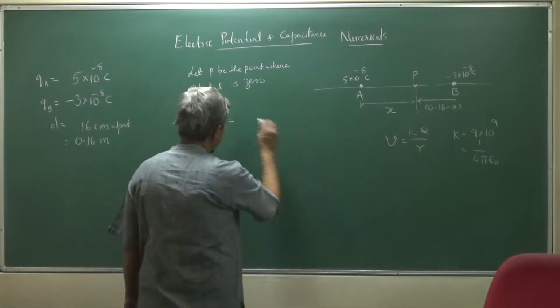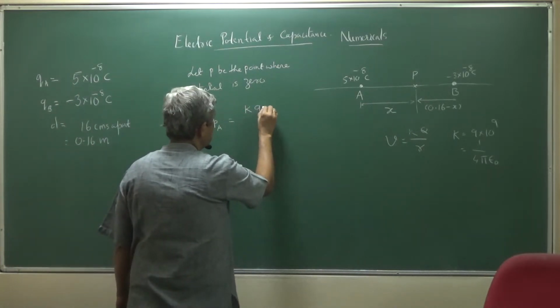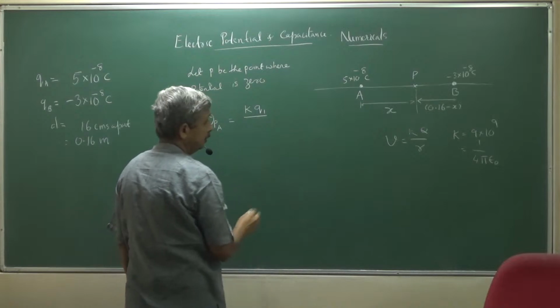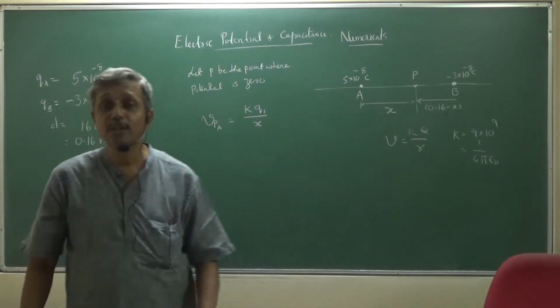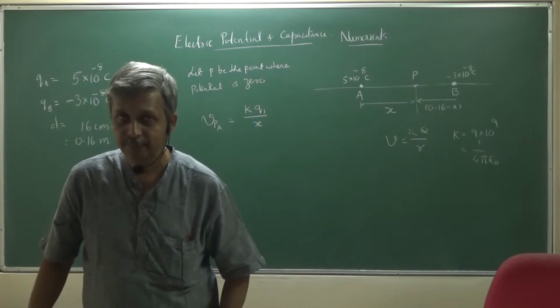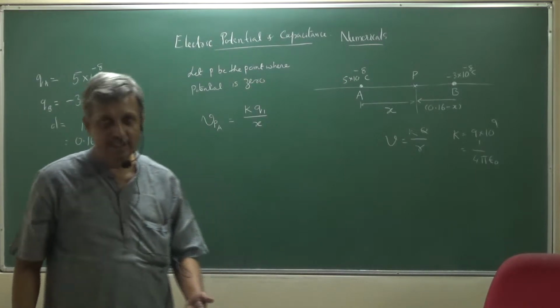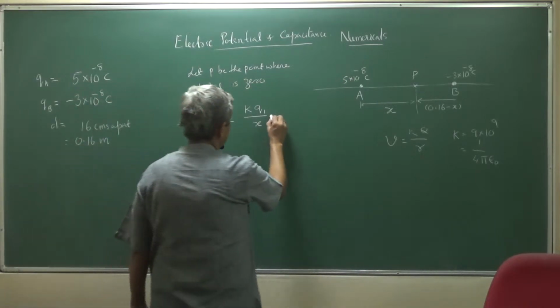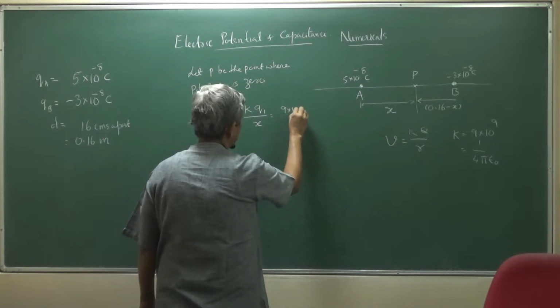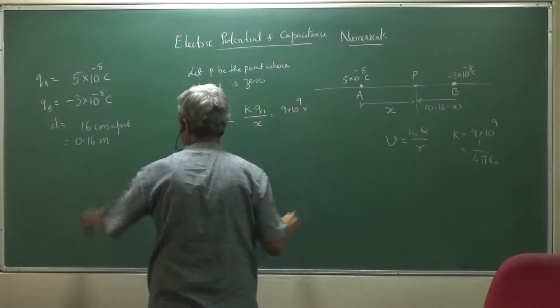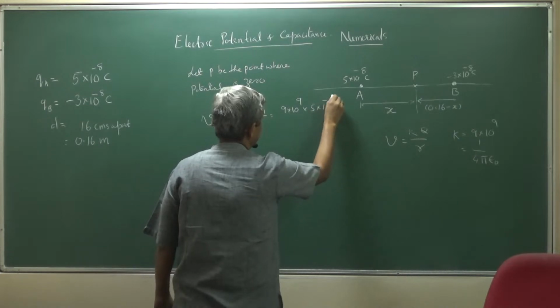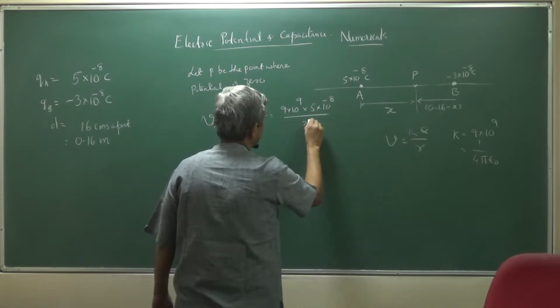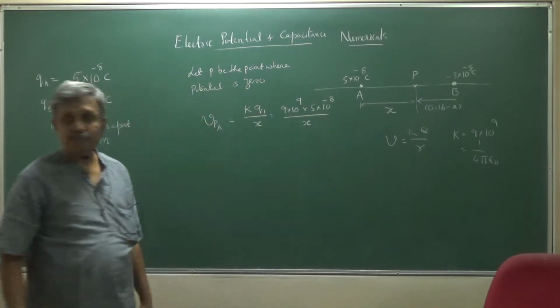That would be nothing but KQ1 by X. So we can write down here K is 9 into 10 power 9, Q1 is 5 into 10 power minus 8, divided by X. This is our VPA.